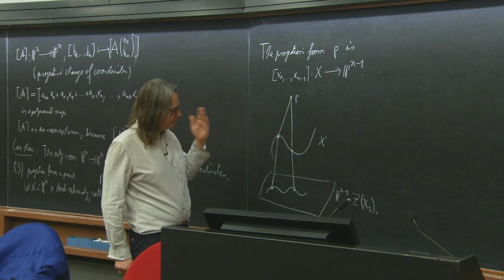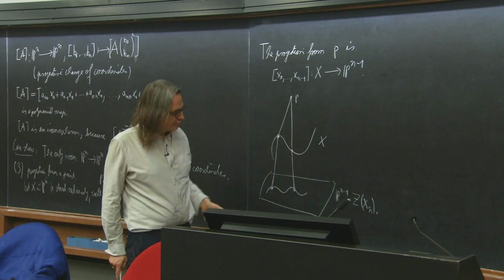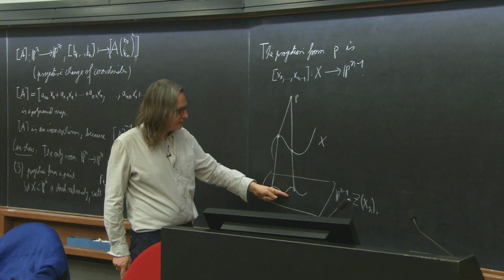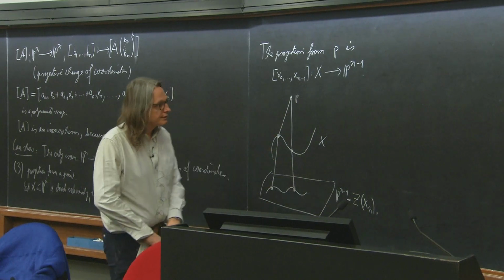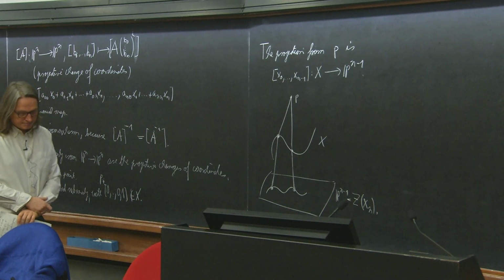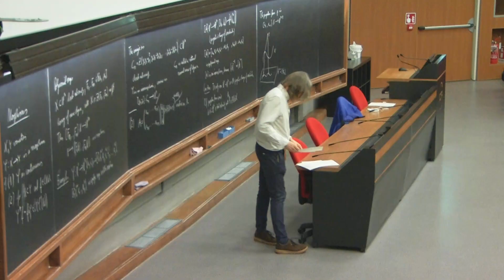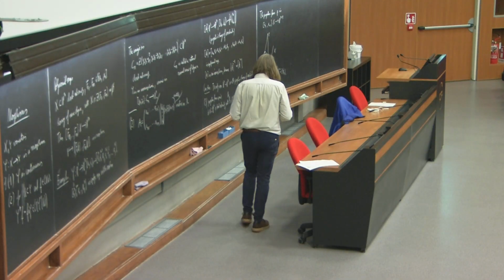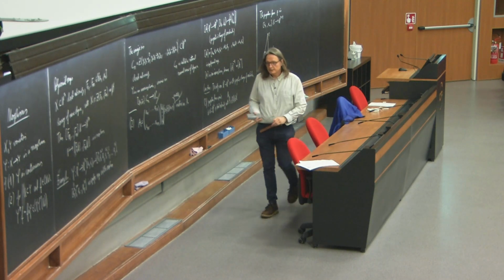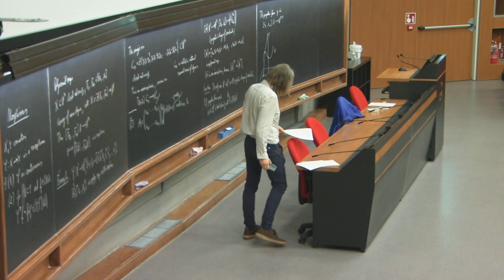And if you have certain assumptions, just by projecting from a point, you can achieve that the map to the image will be an isomorphism, and so you can put it into smaller projective spaces and work with it better. But we will not. I just mentioned this. Okay, so this was what for the moment I wanted to say about these morphisms.